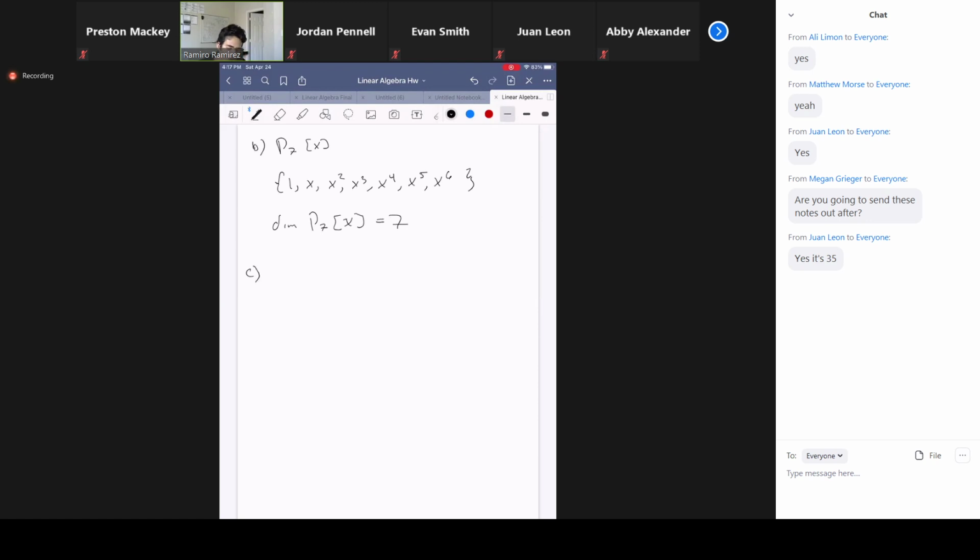The vector space R5. The dimension of R5, you can clearly see that's 5, so you don't have to worry about that. D, 2 by 3 matrices.